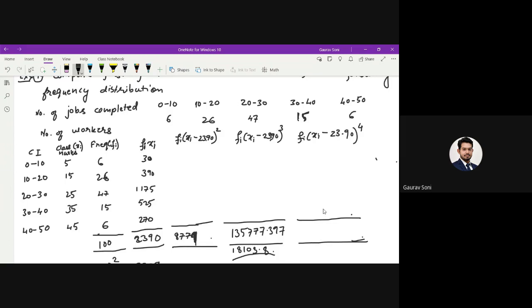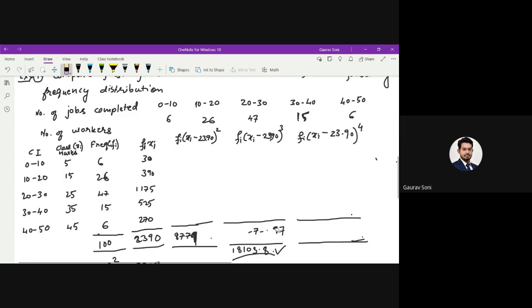Let's just wait for some time. This one is correct actually, 18103.8.